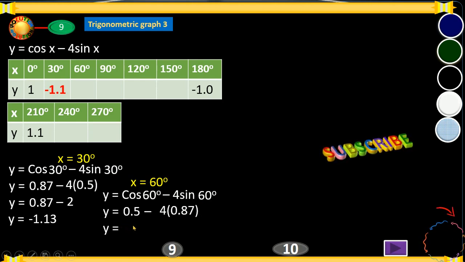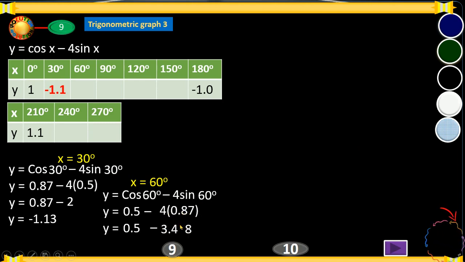We simplify that again. 0.5, then 4 times 0.87 will give us 3.48. Then y is equal to 0.5 minus 3.48, which will give us minus 3.